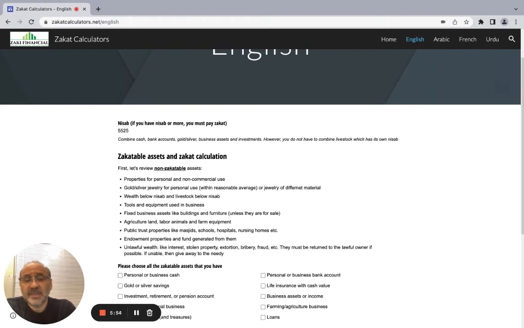Now, non-profit organizations don't pay zakat. However, if they have assets for sale or if they have a business that is generating income, then they pay zakat on that. If you have earnings that are haram, you don't pay zakat on that because you're supposed to dispose of it. Okay.